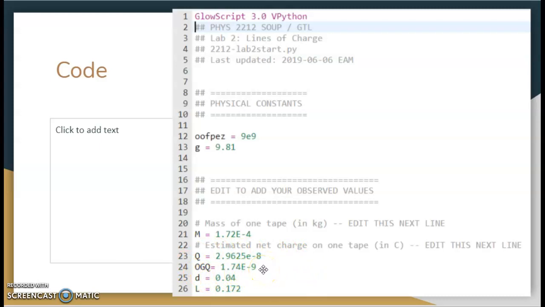This one is our original charge that we found in lab 1. However, through some calculations, we were able to find Q of 2.96 times 10 to the negative 8. This charge right here does make our model into equilibrium.